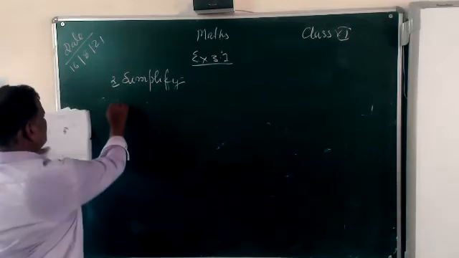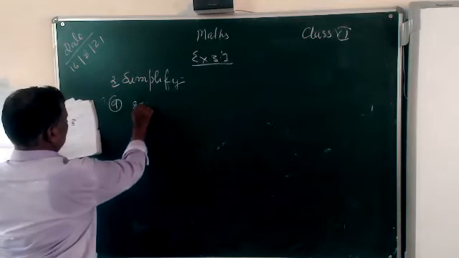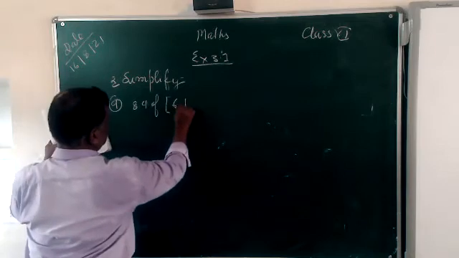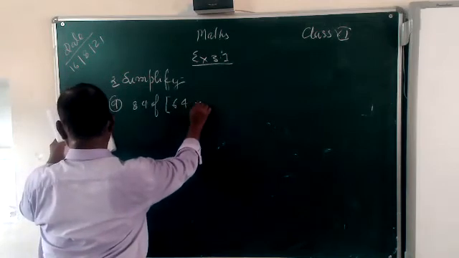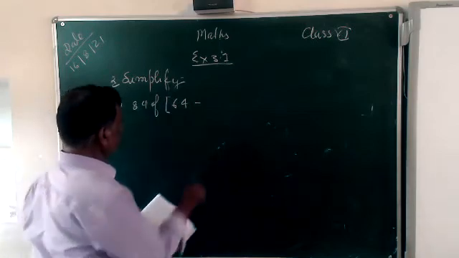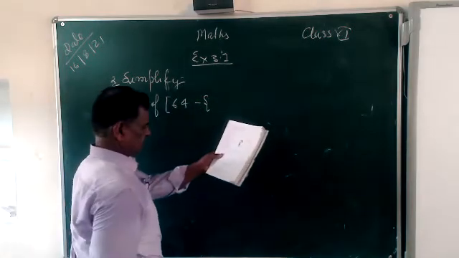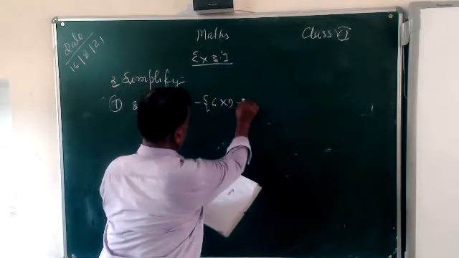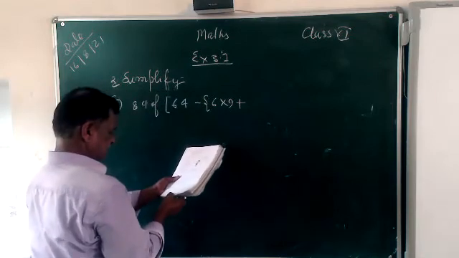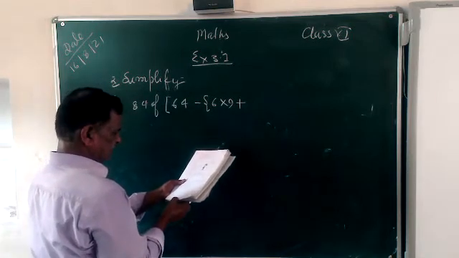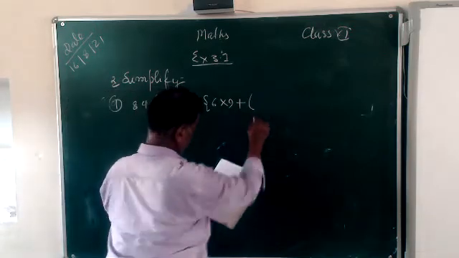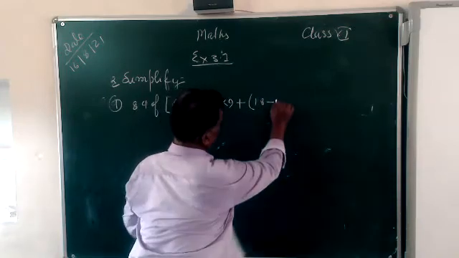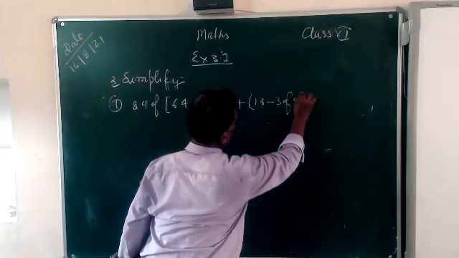See, the 84 of, in square bracket 64 minus, in curly bracket 6 into 9 plus, in common bracket 18 minus 3 of 5.